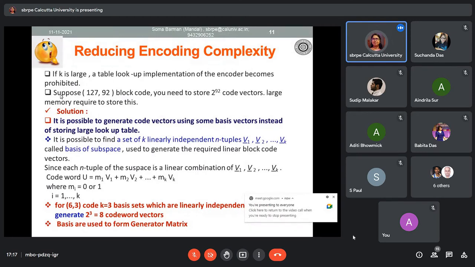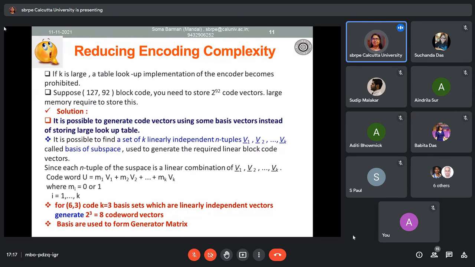To overcome these things, or to get rid of storing such a large number of code words, we generate the code word by means of some basis vectors, and these basis vectors form a generator matrix, and by using the generator matrix we can design the code word, any code word for any message sequence.